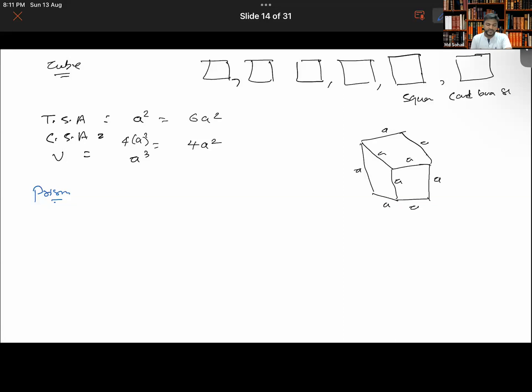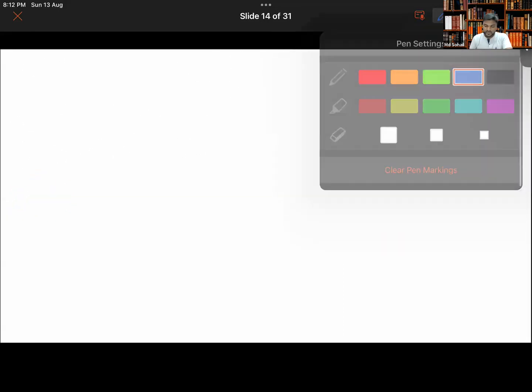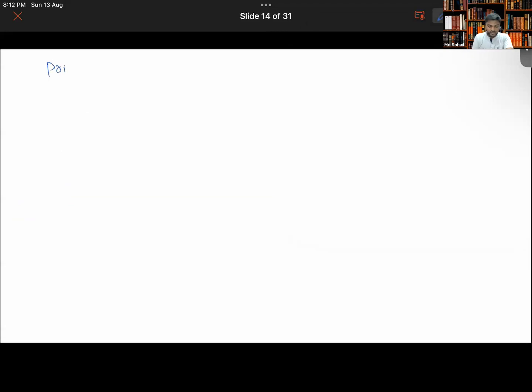Okay, let's actually discuss this one. Let me erase this here. So you have a prism, and the prism looks something like this, right?